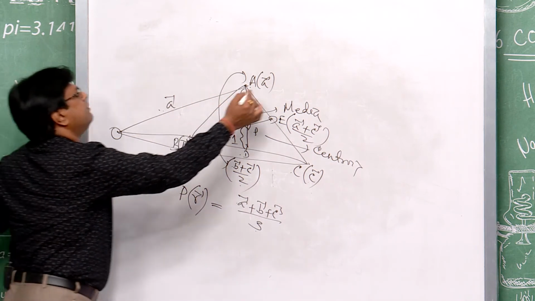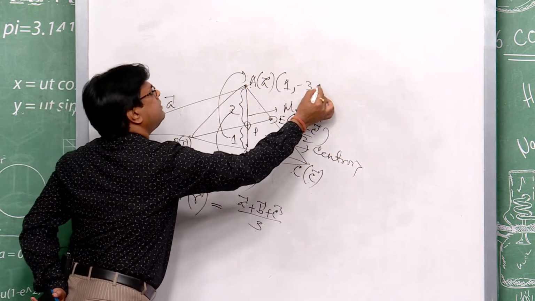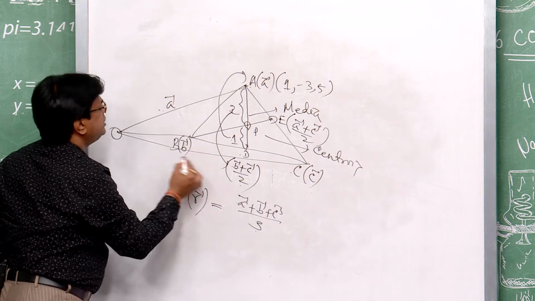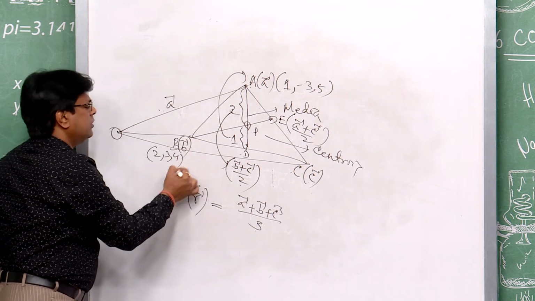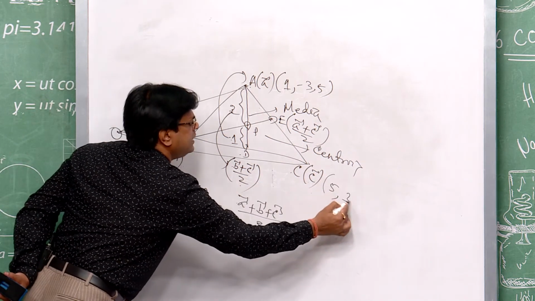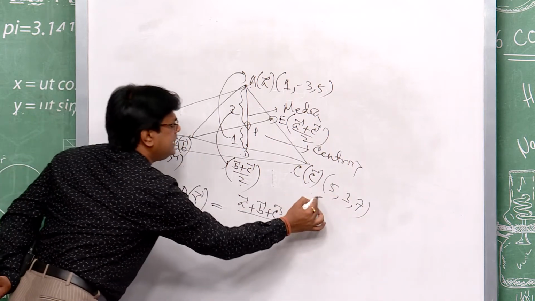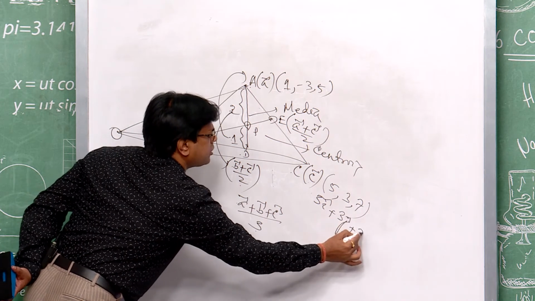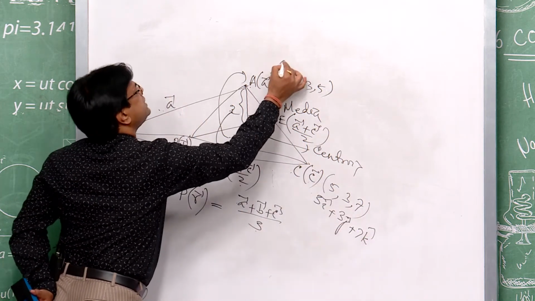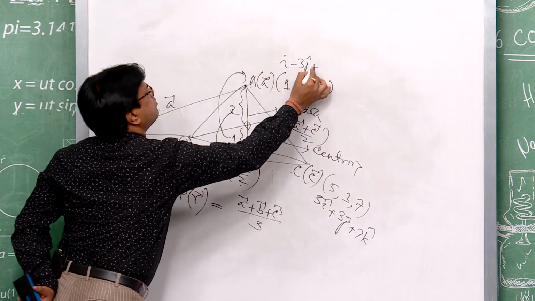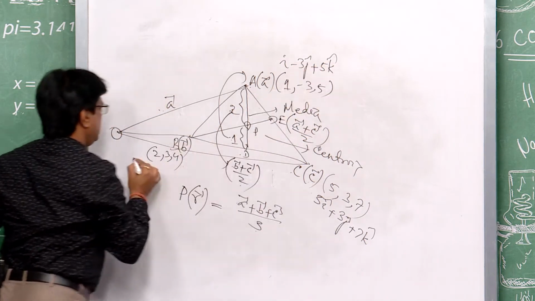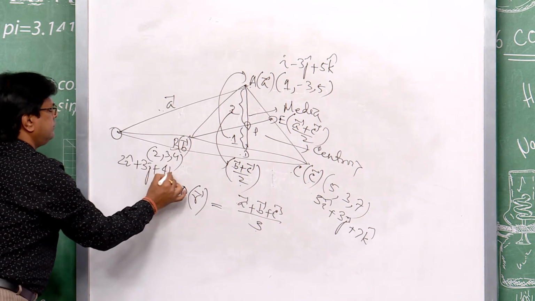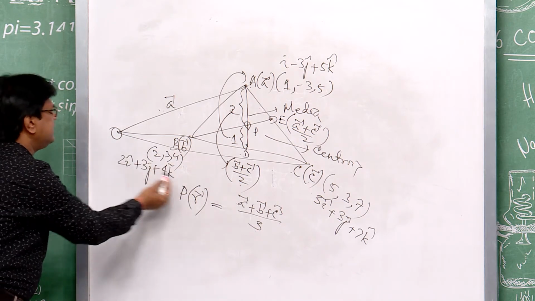Suppose the points have coordinates (1, -3, 5), (2, 3, 4) and (5, 3, 7), or in vector form i minus 3j plus 5k, 2i plus 3j plus 4k, and 5i plus 3j plus 7k.